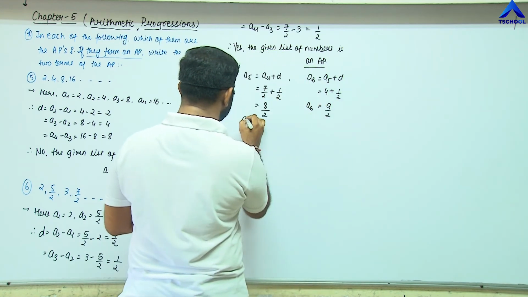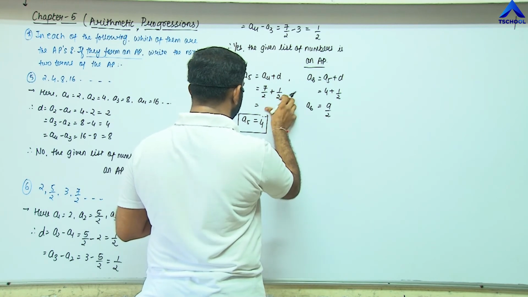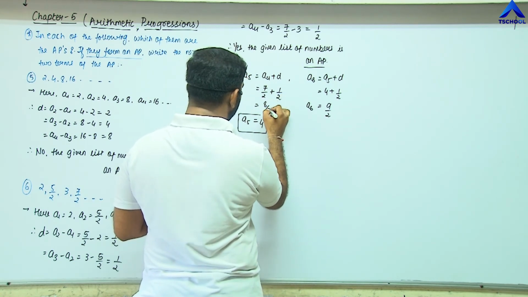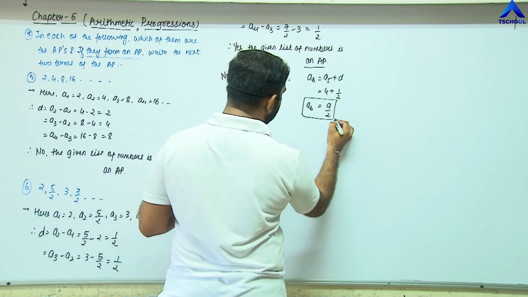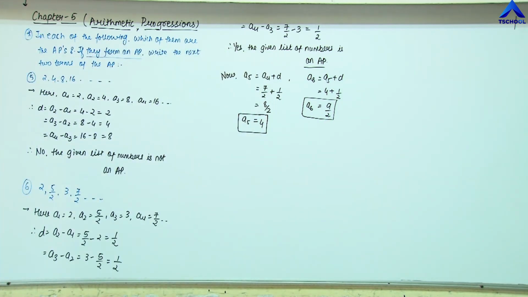So that is a6, and that is a5. Okay friends, so in this way we can find out the rest of the terms, and the sixth term is 9 by 2. Okay, so that is about this example. Let me solve the seventh one.